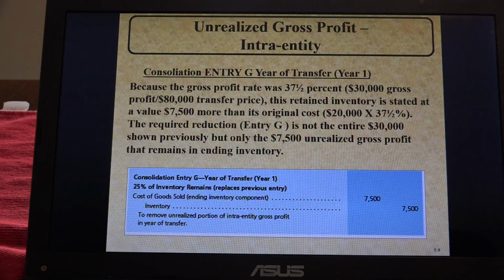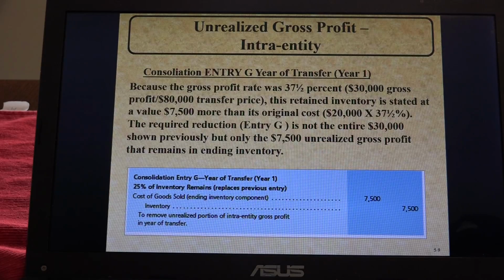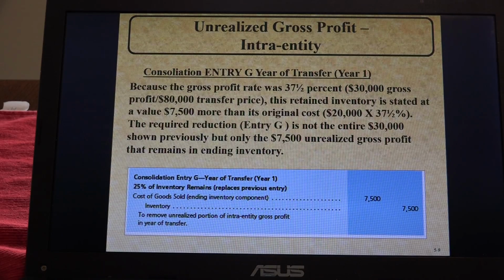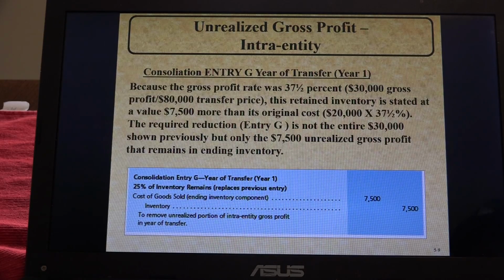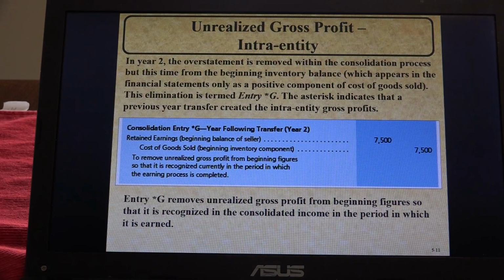So you've got to make one more entry to correct year two, which is assumed to be the year that we're going to recognize the rest of this sale and the profit from the sale, because it's going to be sold to a third party. And so here's our entry G, and this next one is what you have to do to adjust the beginning records for year two, the year in which we're going to recognize this remaining $7,500 gross profit.